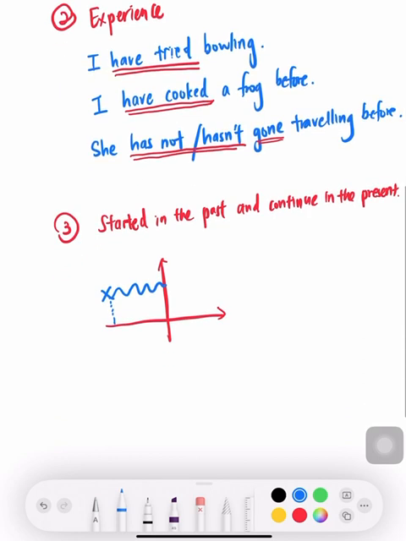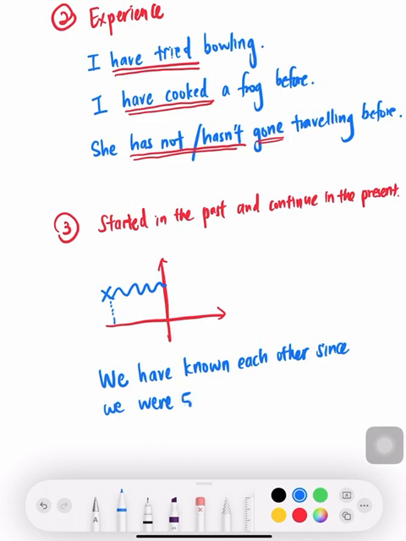A very good example is somebody that you knew since you were in primary school, and now you still know him. So this action started in the past and continues until now. For example, we have known each other since we were 5.